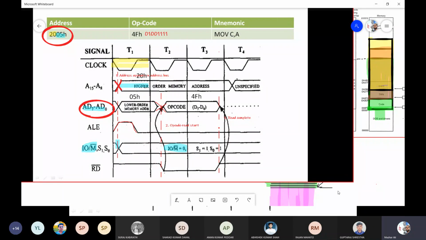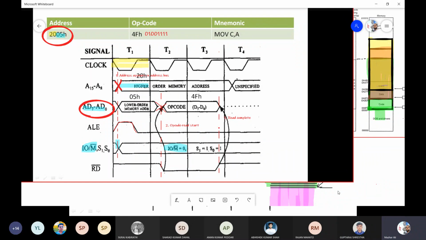But on AD0 till AD7, the address remains there for only the T1 state. In T2 and T3, the address is replaced by the opcode, which is 4FH. So if the address should remain there throughout the duration of read, this does not look good over here. This does not look to be true over here.